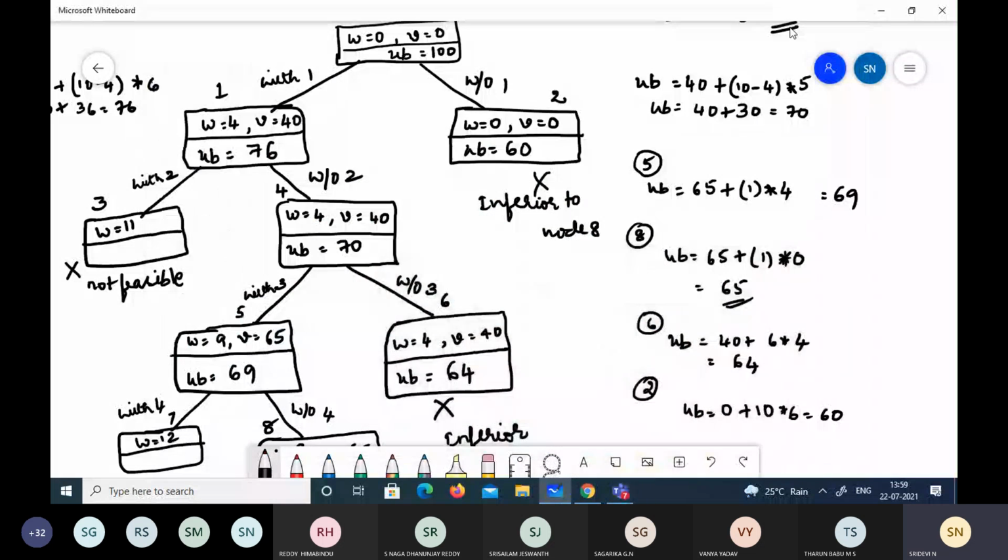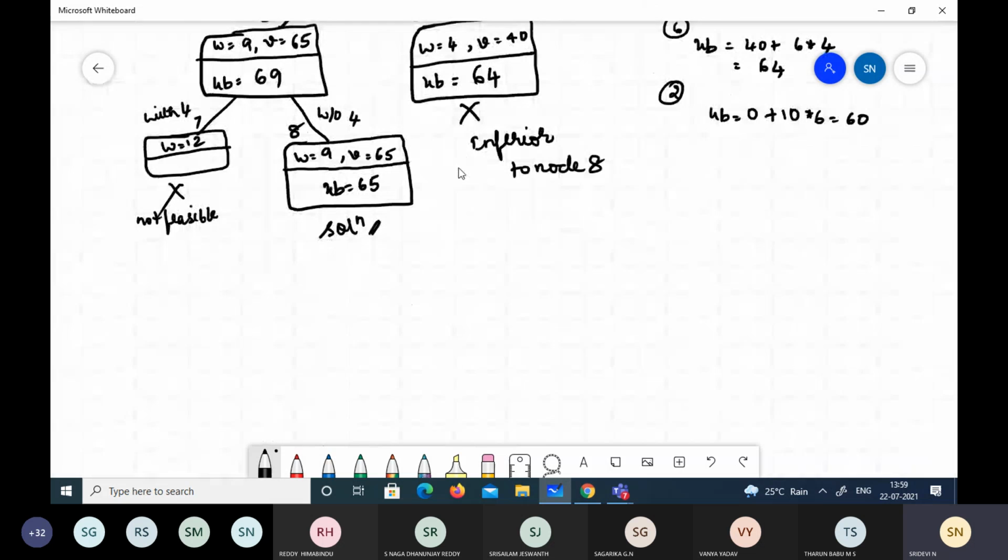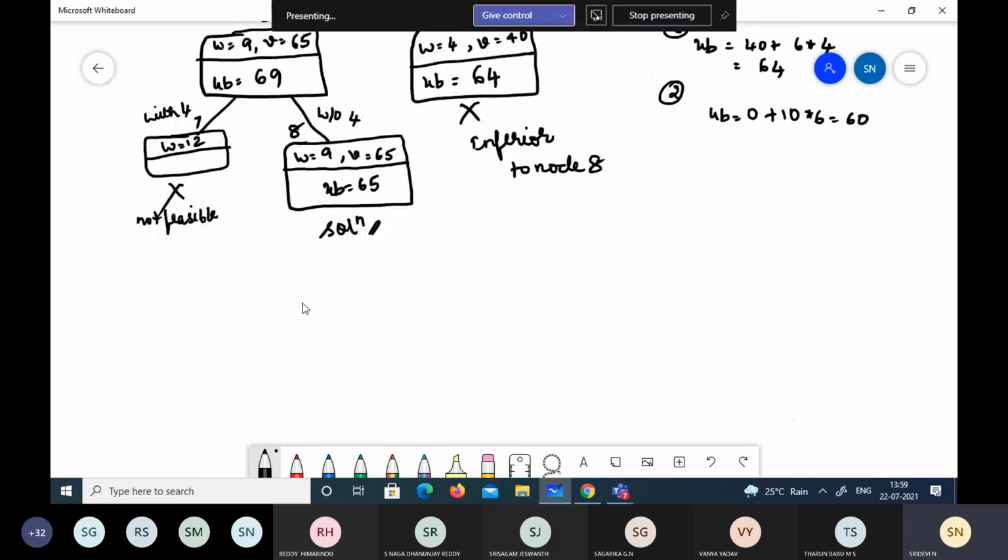Let me give you one problem. Just try to solve it. It will enhance your knowledge. So this is the problem. Try for this. You have to solve the following instance by using branch and bound.